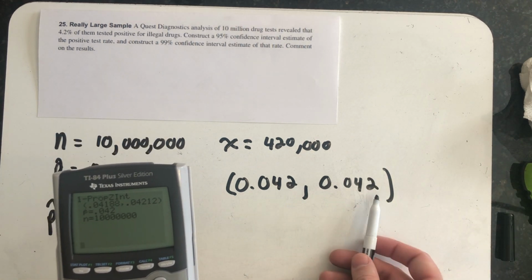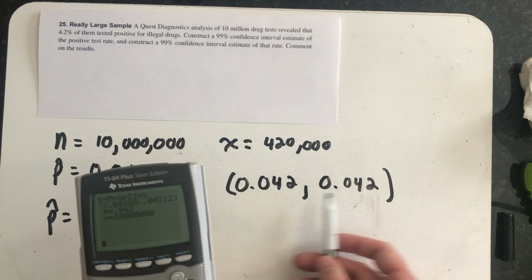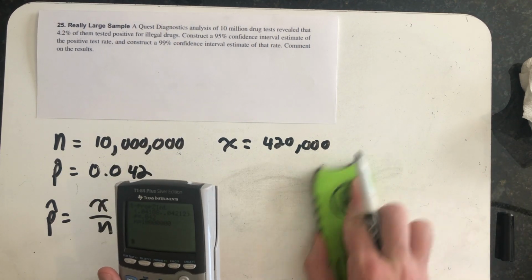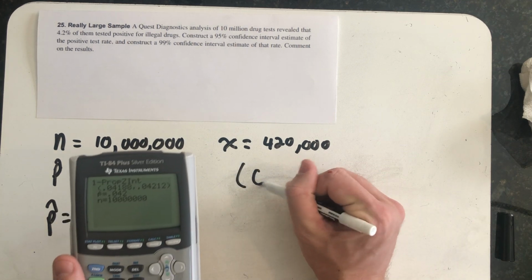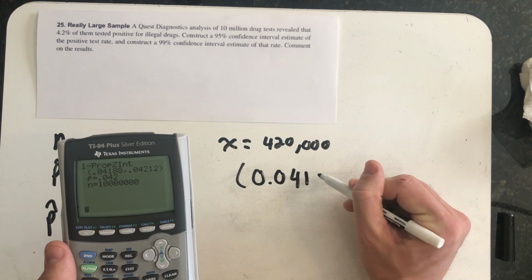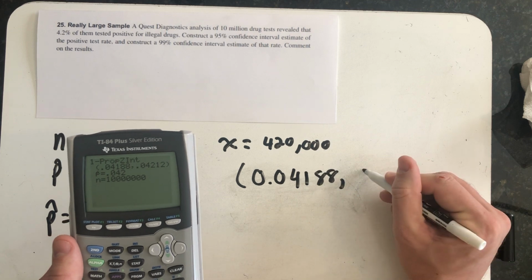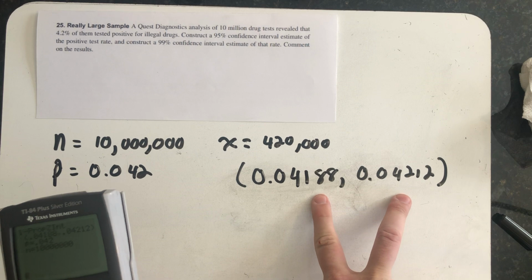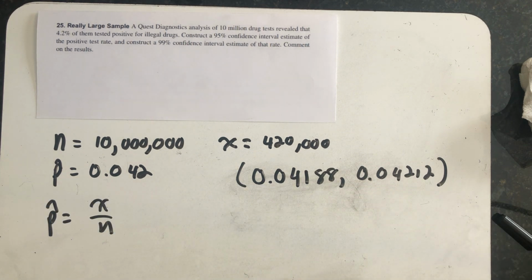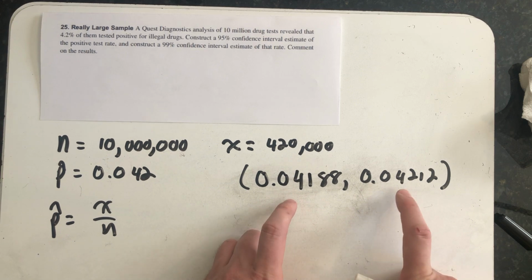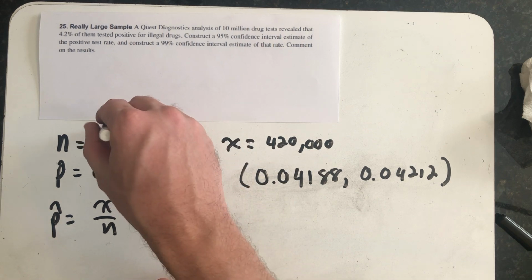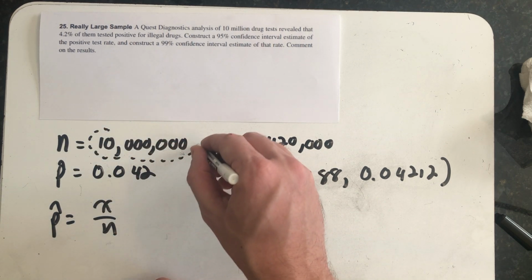All right, and what I realize is when I do that, that's not an interval anymore, so I probably should consider more significant figures than that. So what I see is two values that are very, very close together. I'm 95% certain that the actual population proportion falls between these two values that are very close together, and that's the effect of this very, very large sample.